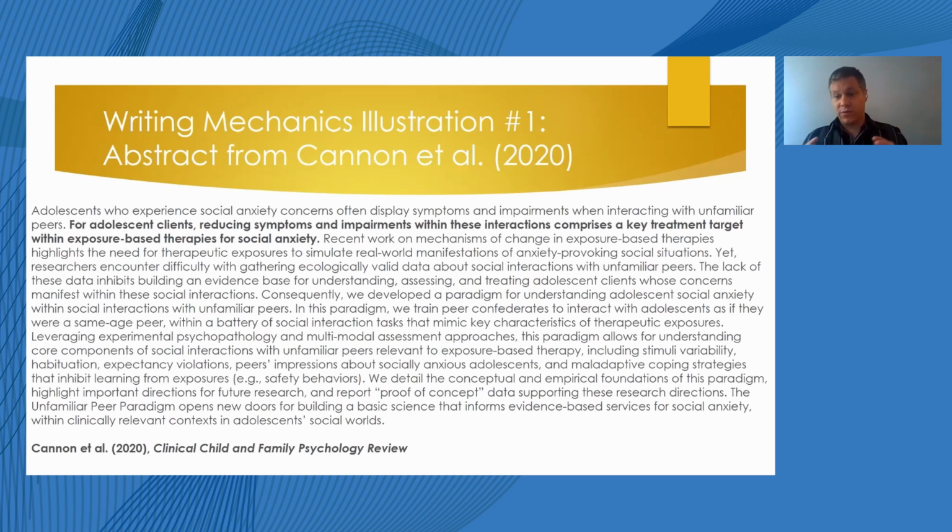We start narrowing down. We're not talking about adolescents in general. We're talking about adolescent clients, people who actually need help addressing their issues, and in particular, those to whom we deliver one widely used evidence-based intervention for these clients, exposure-based therapies for social anxiety.